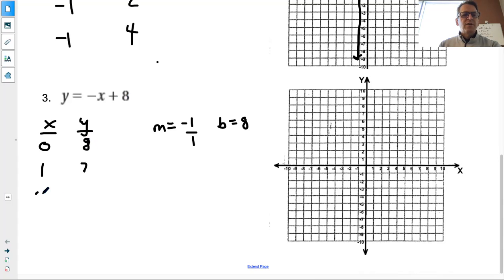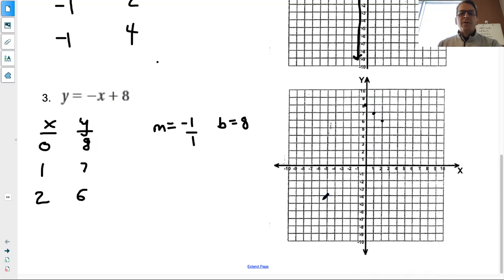If I put x in for 2, the negative of x would be -2 plus 8 would be +6. So now you can kind of see where this goes. You're at 0, +8, 1, +7, 2, +6, and you can kind of see those points develop for that line.